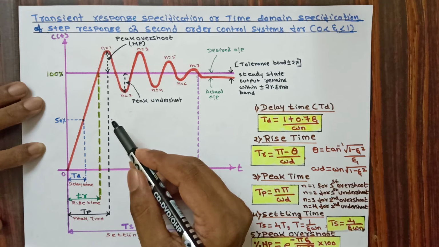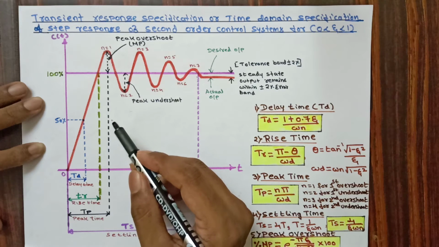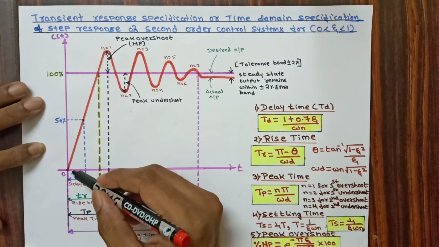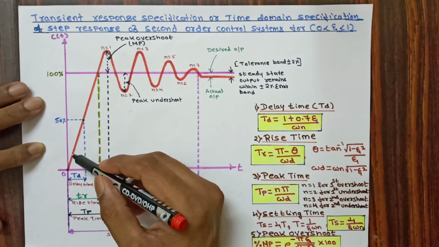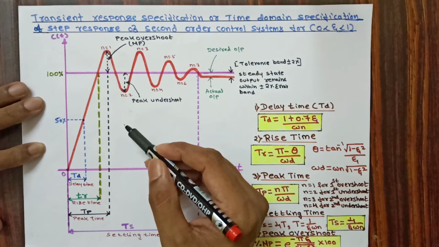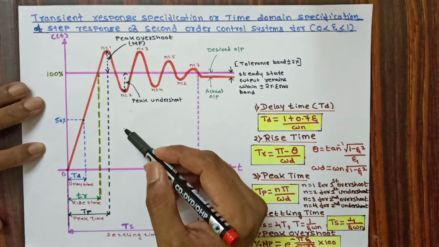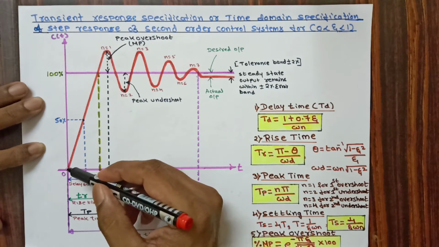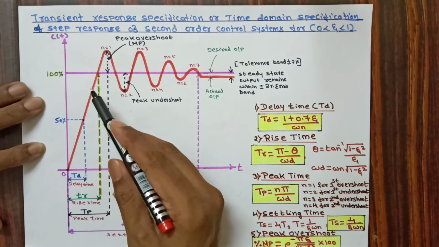If zeta value is equal to 1, that is for critically damped, we are going to measure rise time from 5% to 95%, whereas for zeta greater than 1, that is overdamped oscillation, we will measure rise time from 10% to 90%.